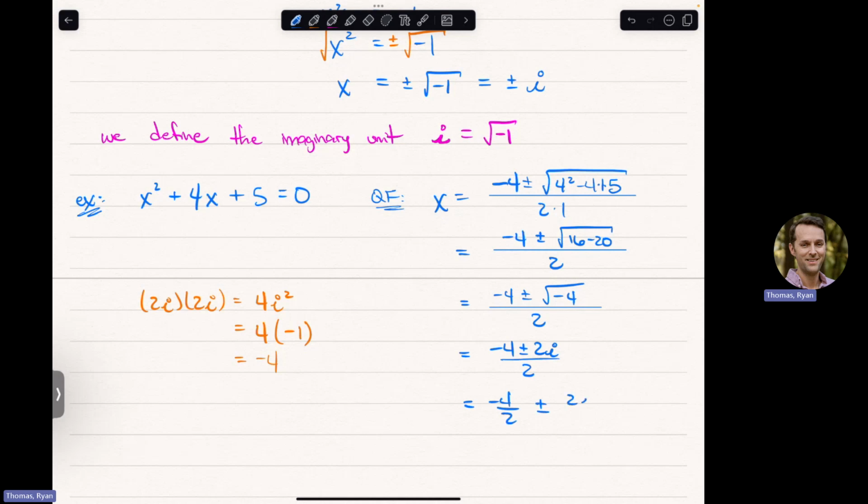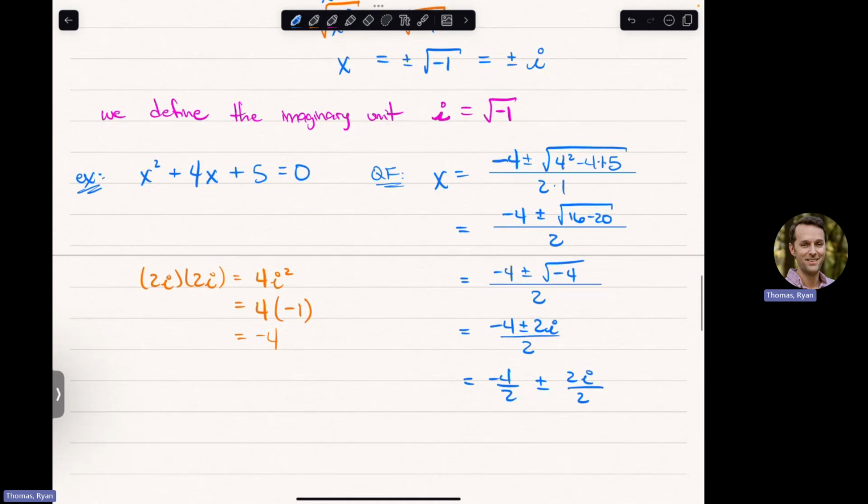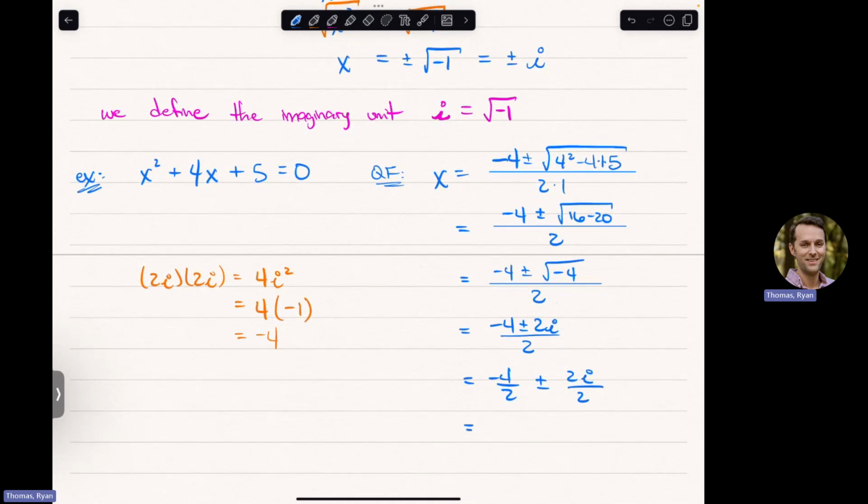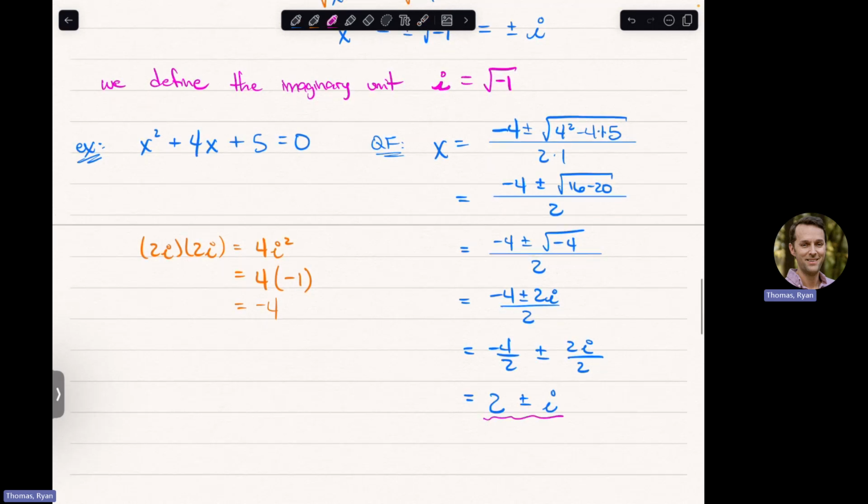Then again, the plus or minus really means that there are two things there, one from adding and one from subtracting. So we can reduce -4 over 2 is -2, and 2i divided by 2 would be i. So these are our two solutions, one -2 plus i and the other -2 minus i, in what we call the standard form for a complex number.